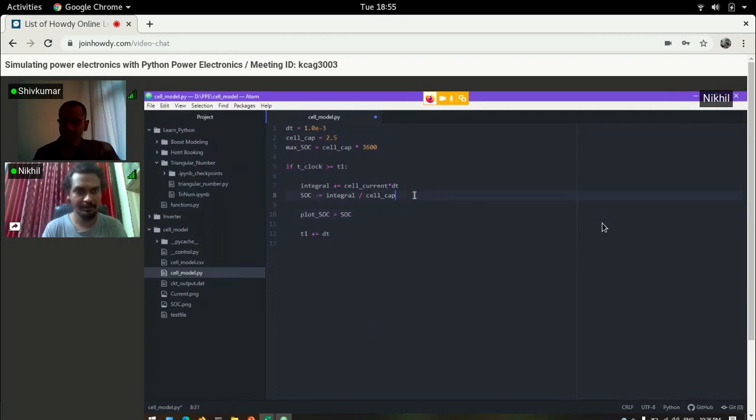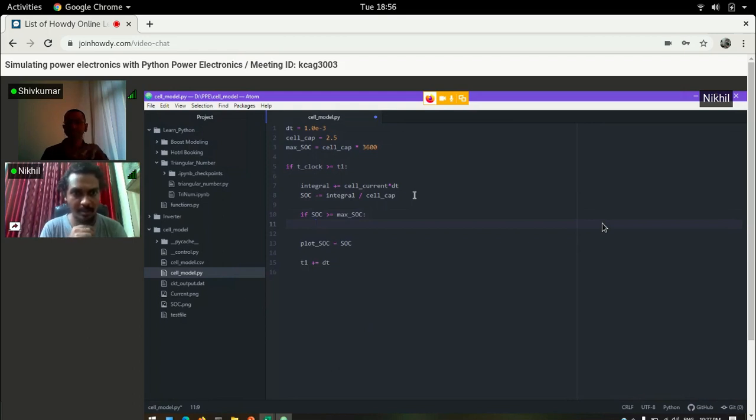So after this SOC, we have to put the conditional statement: if SOC is greater than or equal to max SOC, then we have to limit it.